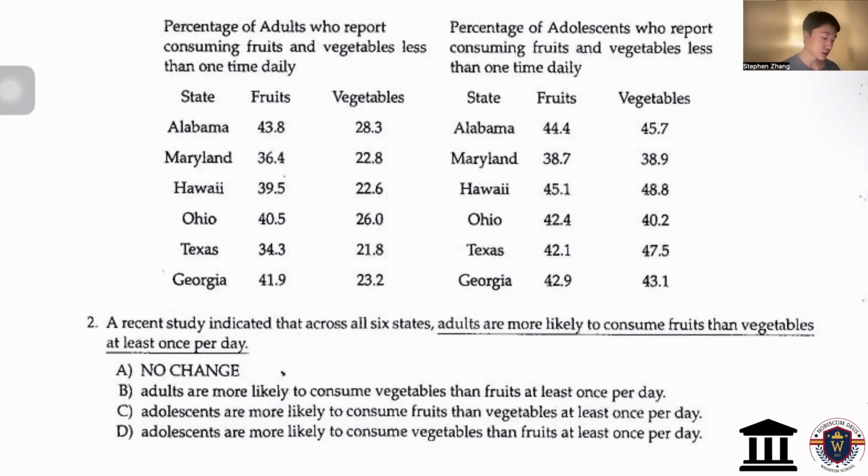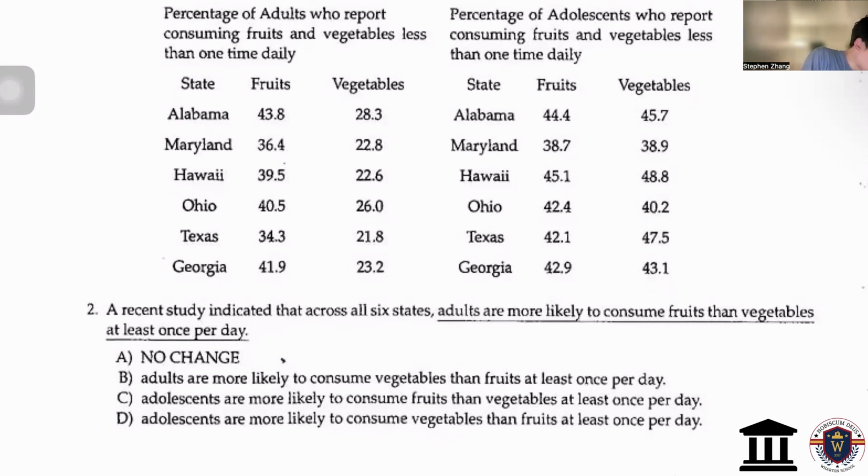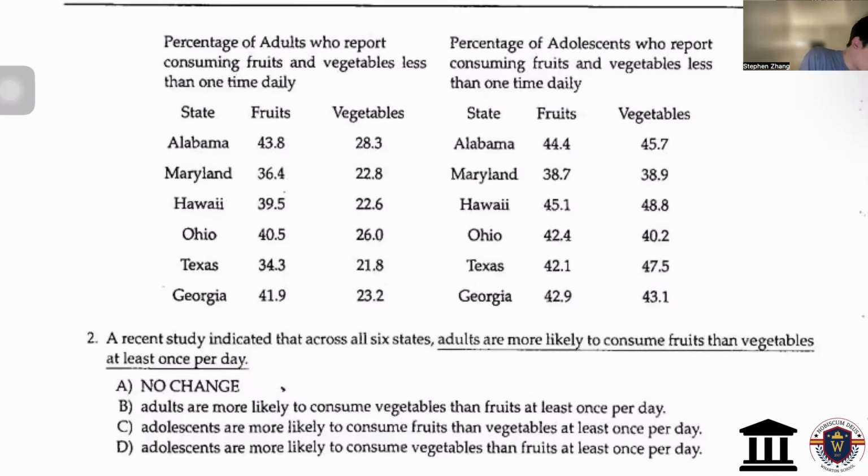So, for example, looking at the adults column for the state of Alabama, we can see that the vegetable percentage is 28.3 and the fruits percentage is 43.8. So this means that adults are more likely to consume fruits than vegetables in Alabama.